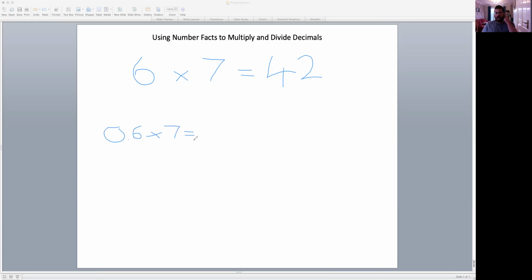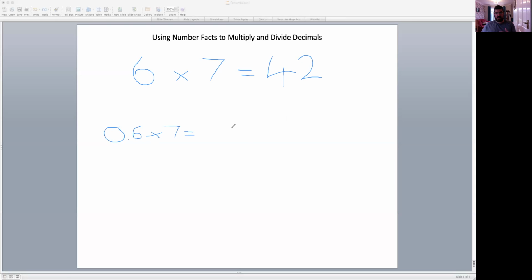Let's work out why. The key thing here is we've changed this. What have we done to this? Hopefully you can see we haven't just put a naught in front of it and a decimal. We've divided it by 10, all right? So if 6 times 7 is 42, 6 divided by 10 times 7 is 42 divided by 10.